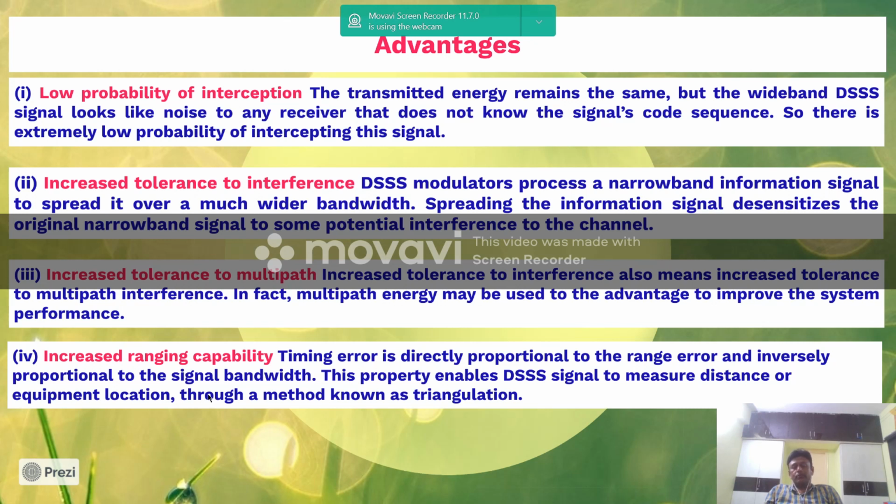The second advantage of direct sequence spread spectrum is increased tolerance to interference. DSSS modulators process a narrowband information signal to spread it over a much wider bandwidth. Spreading the information signal desensitizes the original narrowband signal to some potential interference in the channel.